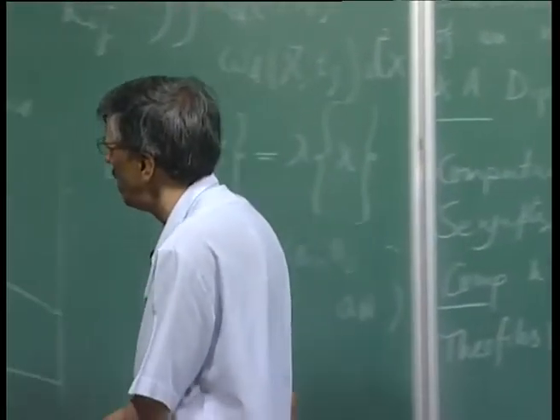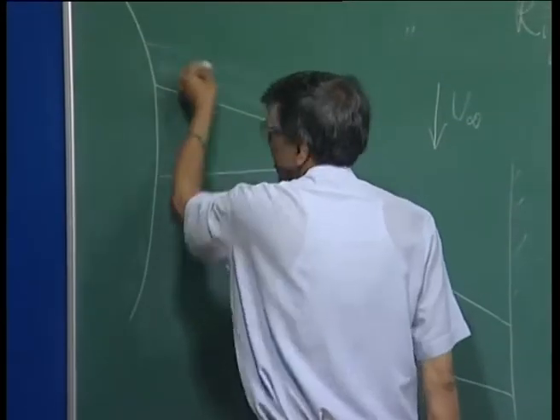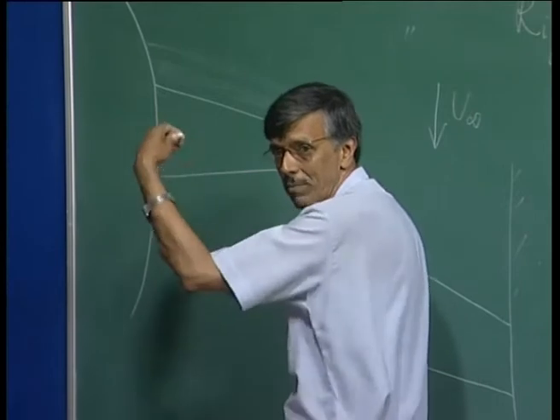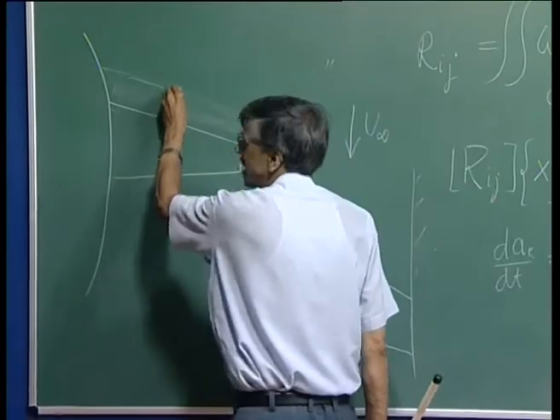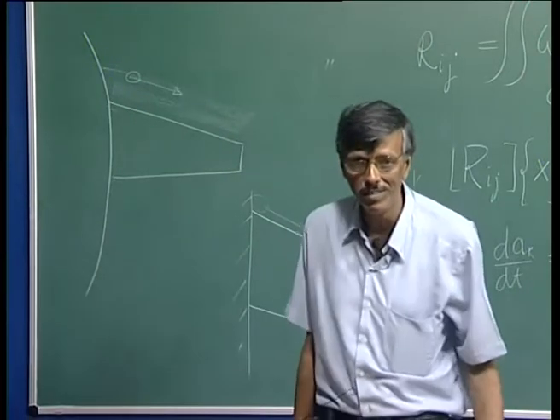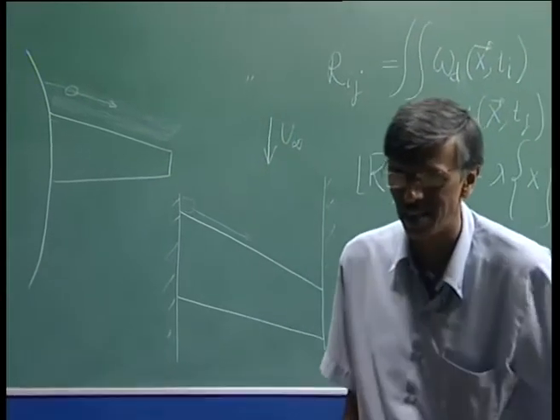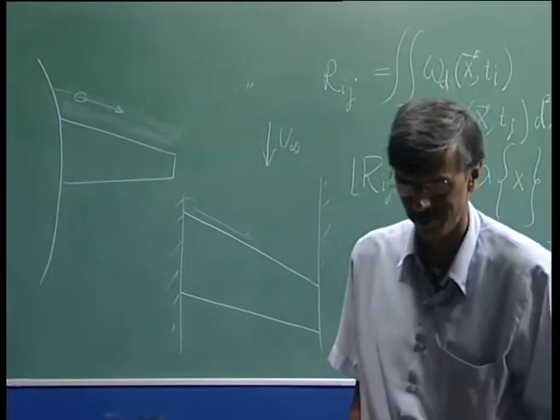Suppose I have a leading edge of a wing like this, and I have this attachment line plane, and in that plane the vortices are convecting in this way, and this flow is two-dimensional, then it is quite natural for us to investigate this as a vortex induced instability problem.